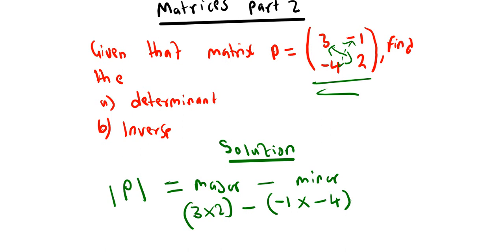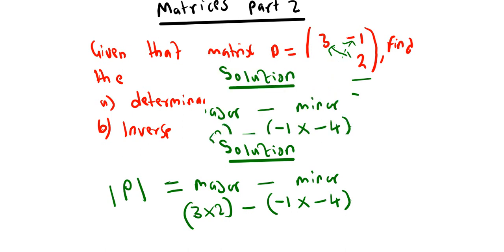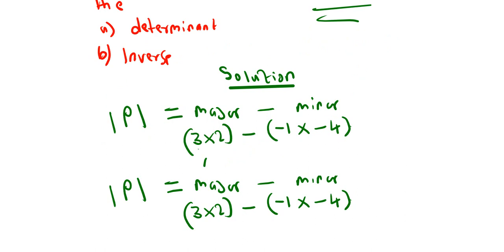Let's proceed. This is 3 times 2, and that's a 6, minus, open brackets. You should be very careful of the negative signs in the minor diagonal, because minus, somehow in math, I feel like that's the devil itself. It's one of the things that makes people fail math. So -1 multiplied by -4 is basically +4.